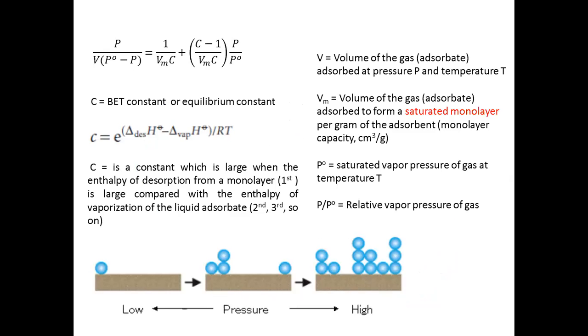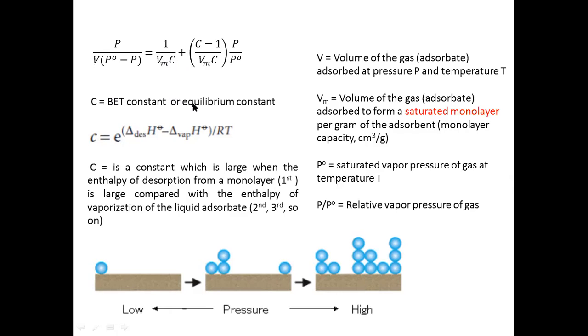So now exploring further with the equation. What is important here is that C is the constant. In a similar way to what we discussed in the Langmuir adsorption isotherm, where we used K, here we are using C, and this is called the BET constant.